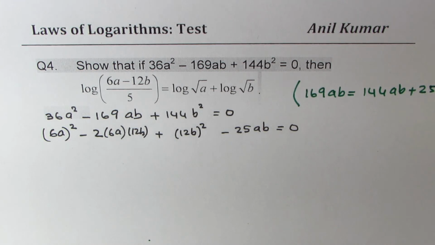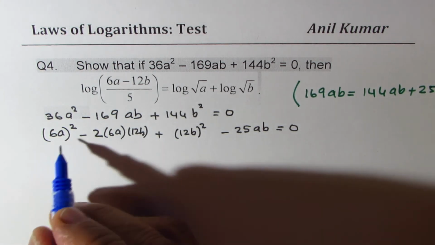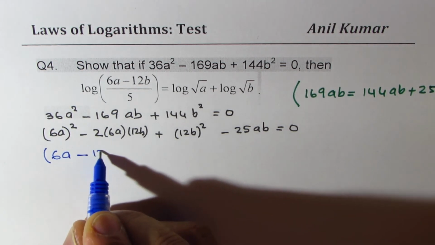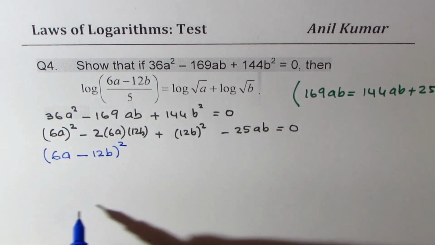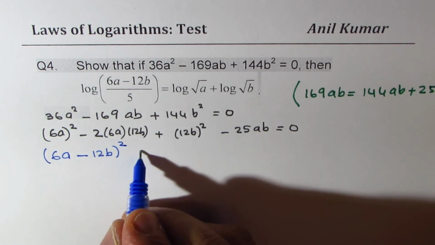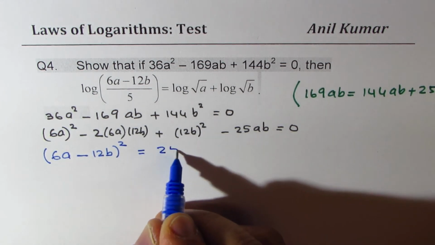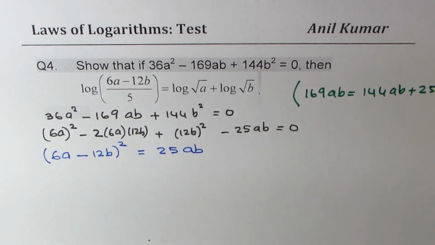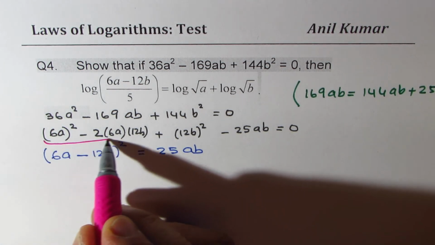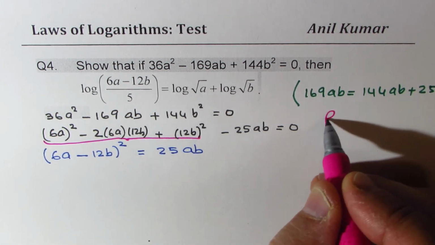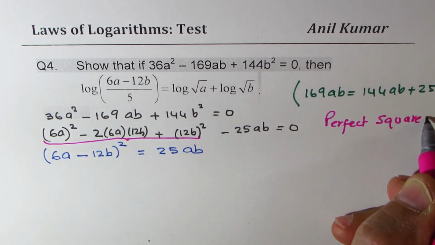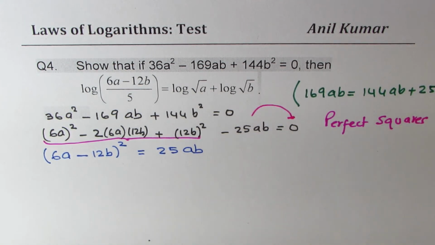Now this helped us to make a perfect square right there, right? So now we could write this as (6a minus 12b) whole square. And taking this to the right side, I will write this as 25ab, right? So I've rearranged. Do you get the idea? So these first three terms here are perfect squares, and this 25ab I took to the right.